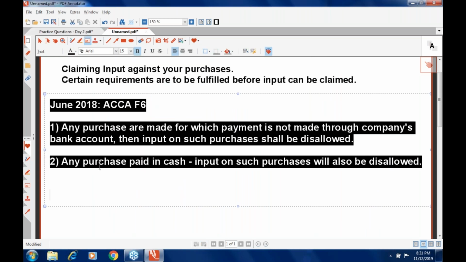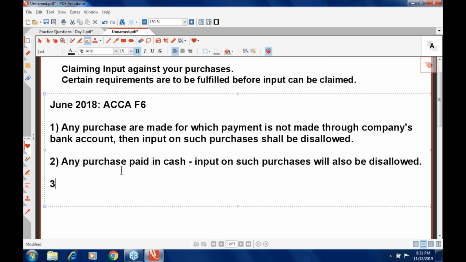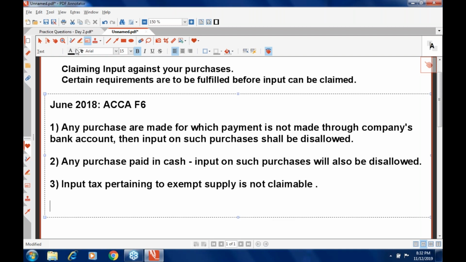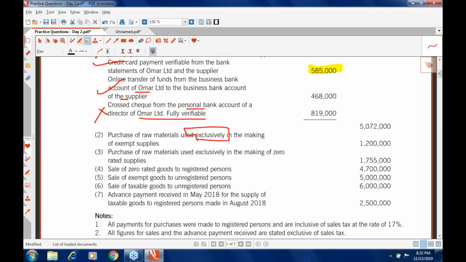If you remember what we discussed in yesterday's session, the input tax pertaining to exempt supply is not claimable. So since this is an exclusive purchase, the input tax which is being paid will be disallowed.